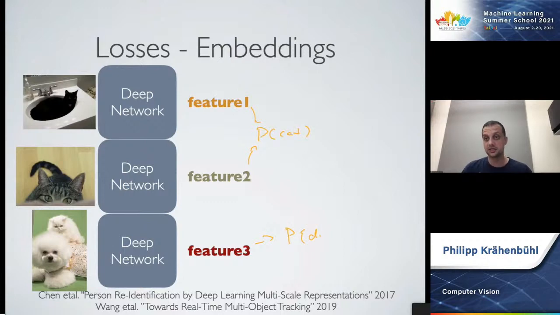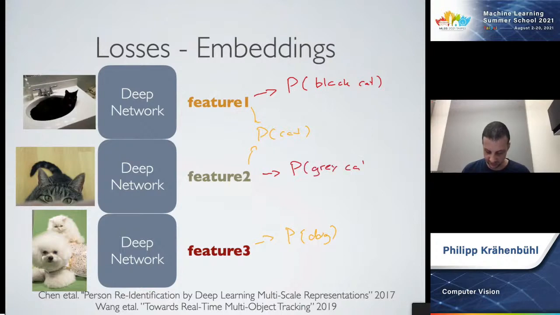Now you can do this on a class level, and then you will get an embedding that groups different classes together, but you can also do this on an instance level. So you can say that you want to classify that this here is P, like this specific black cat. This here is the gray cat.